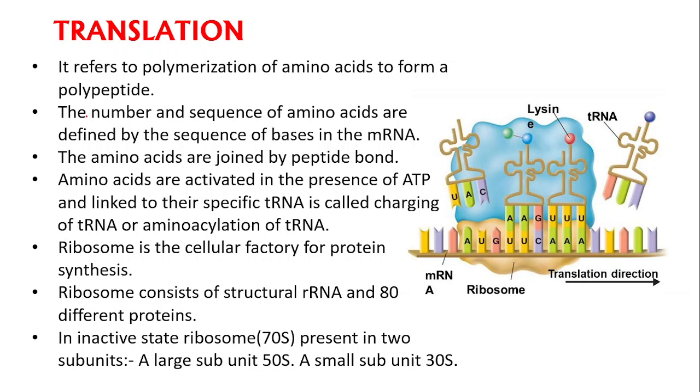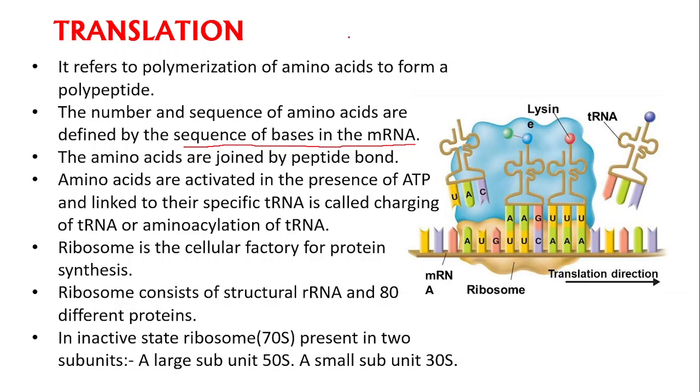Next, for the purpose of translation, how exactly will it be taking place? About that we shall discuss in this particular slide. See here, the number and sequence of amino acids are defined by the sequences of bases present in the mRNA.